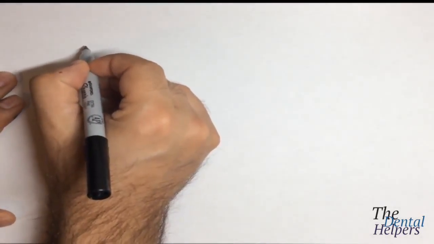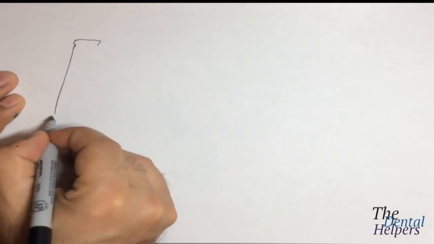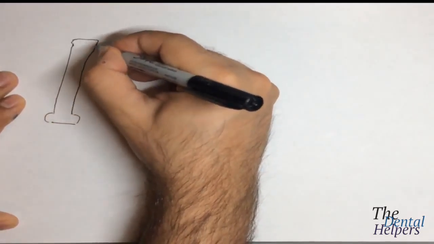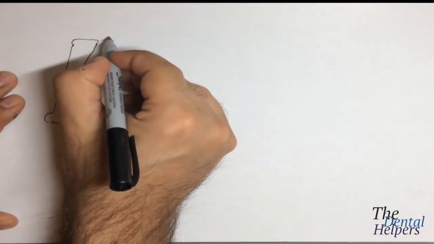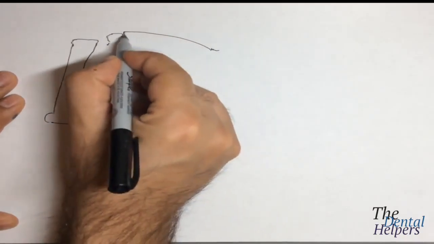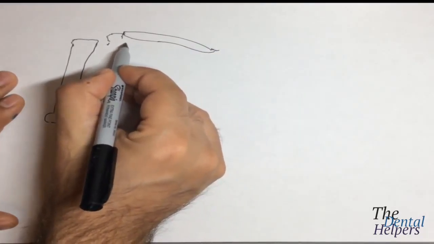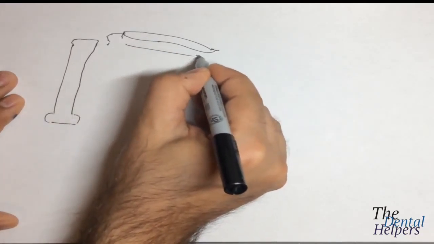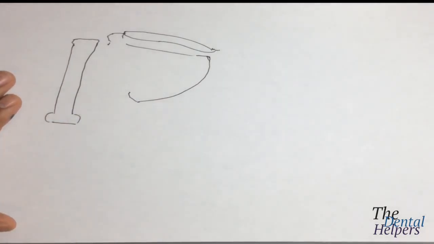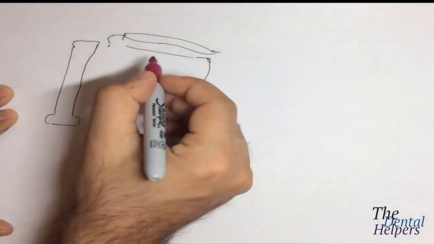So if we have the humerus right here, and we have part of our scapula coming out right here, and our clavicle coming out right along here, there's going to be different muscle groups that are going to come out, and there are different spaces that are needed to be known.